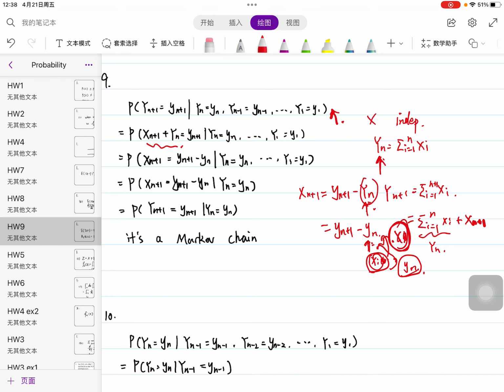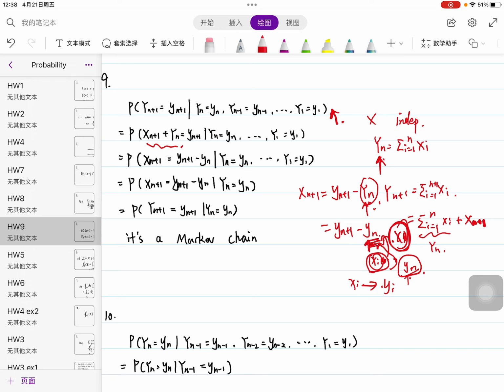Why we could write capital Yn as lowercase yn is that we are comparing the actual values of Y, so we need to take specific values of lowercase x, and then we get the lowercase y, so they are equal now.